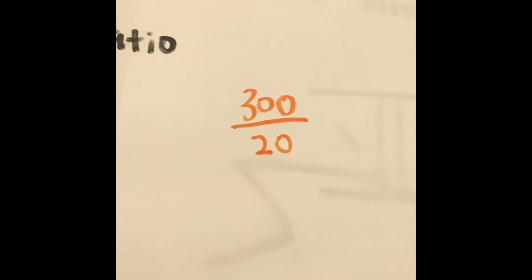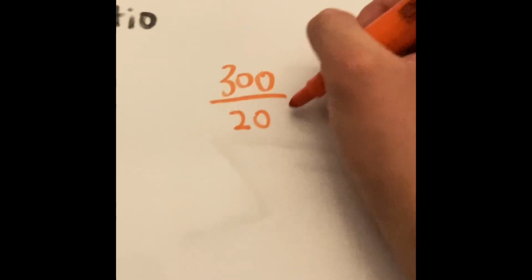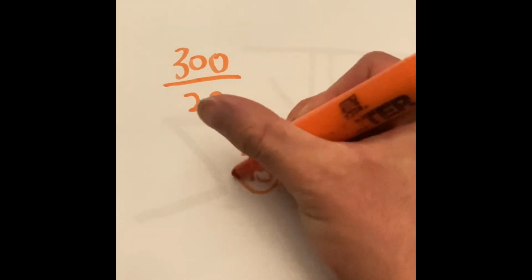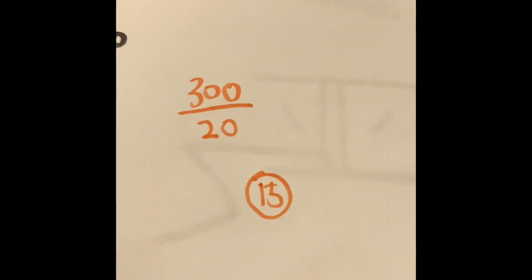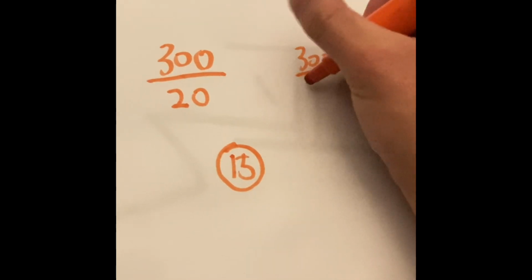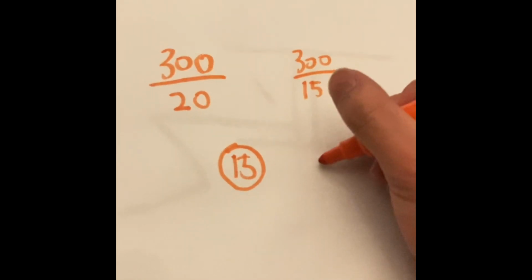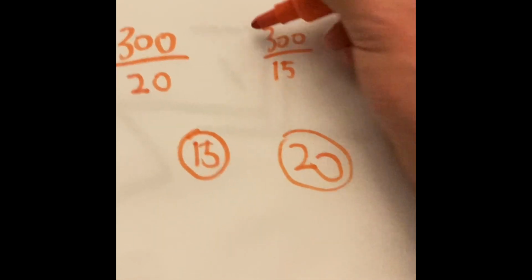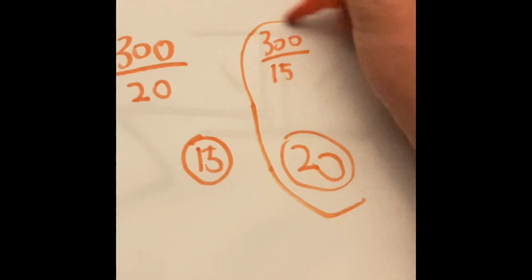When we do the math, we're going to have a P/E ratio of 15. If we change it up a bit and say that we have 300 shares divided by 15, we're going to get a number of 20. So this is closer to 25, so this would be a better output.